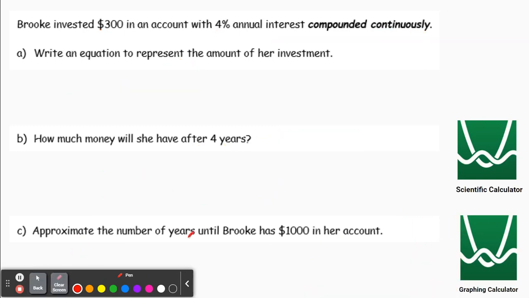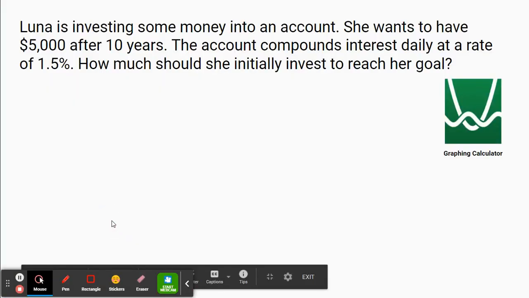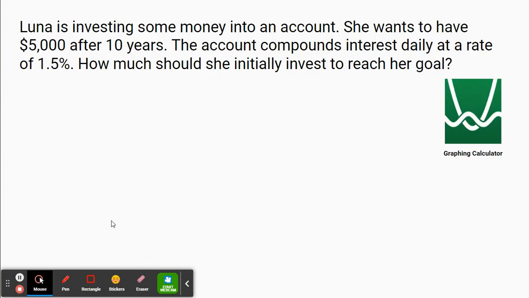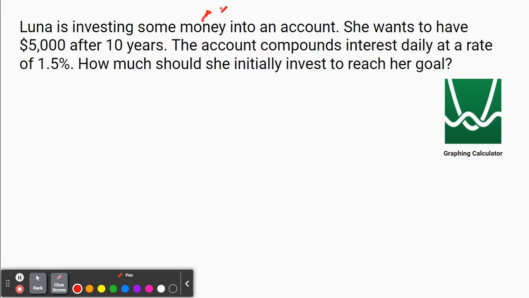Okay, let's do one more example that's a little bit different. Luna is investing some money into an account. So we don't know how much money she is investing into this account. So we don't know her principal. She wants to have $5,000 after 10 years.